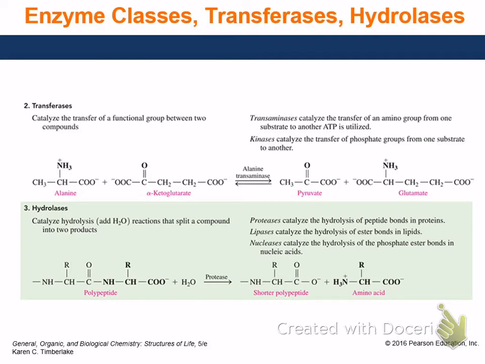I'm trying to find a place to point. Oh, there we go. So here's my alanine with the NH3 group. Where does that NH3+ group end up? It ends up replacing that functional group.